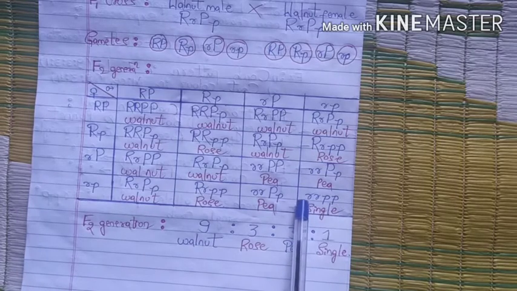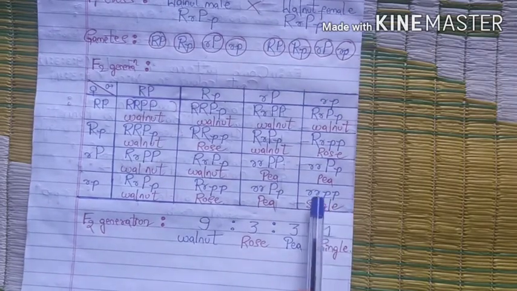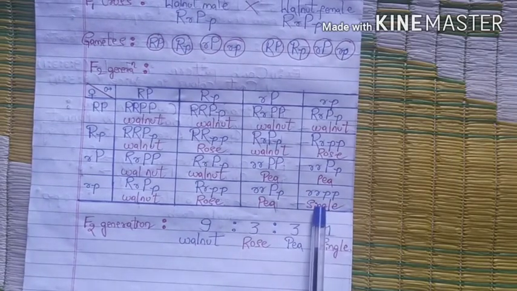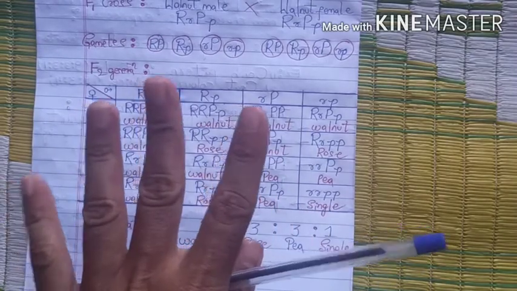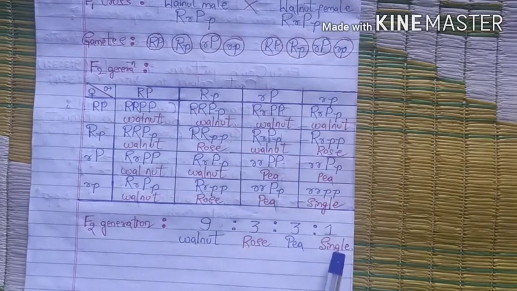Now see, this is very important. All four alleles are in the recessive condition. I told you, when all four alleles are in the recessive condition, it expresses the single comb. So you can see that there are four varieties of comb shape: walnut, rose, pea and single.